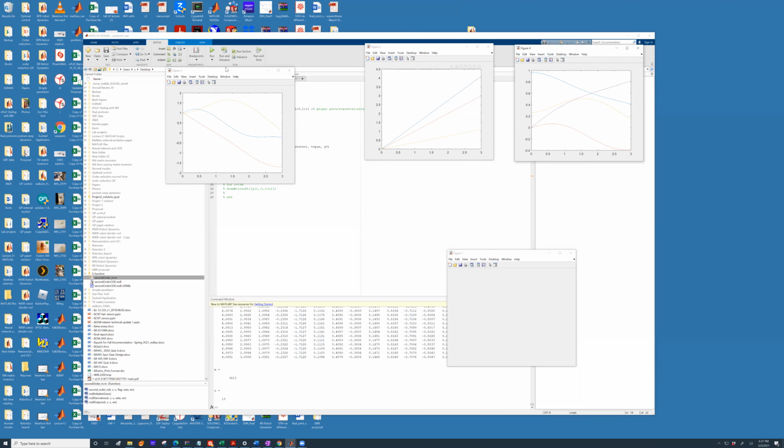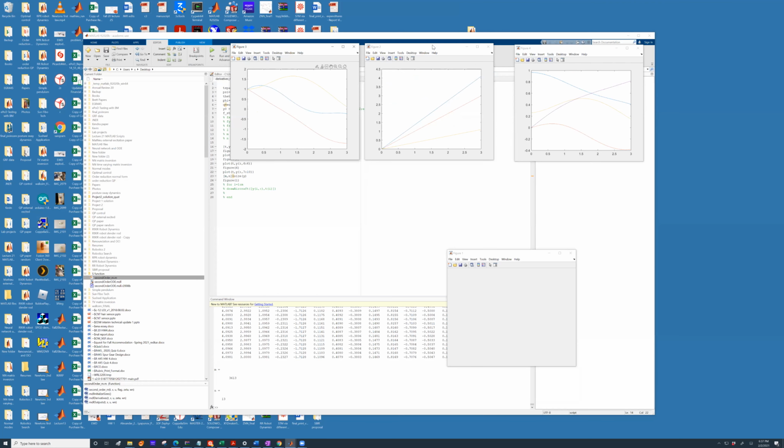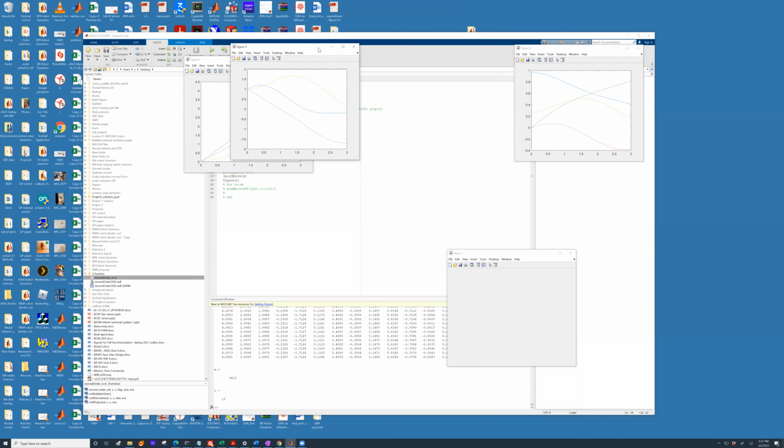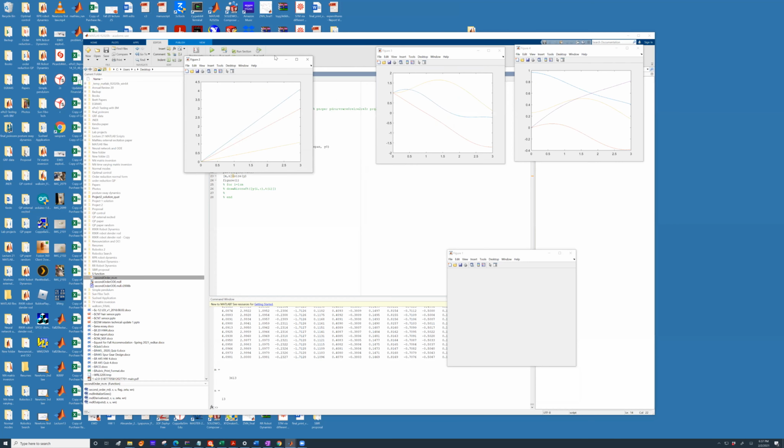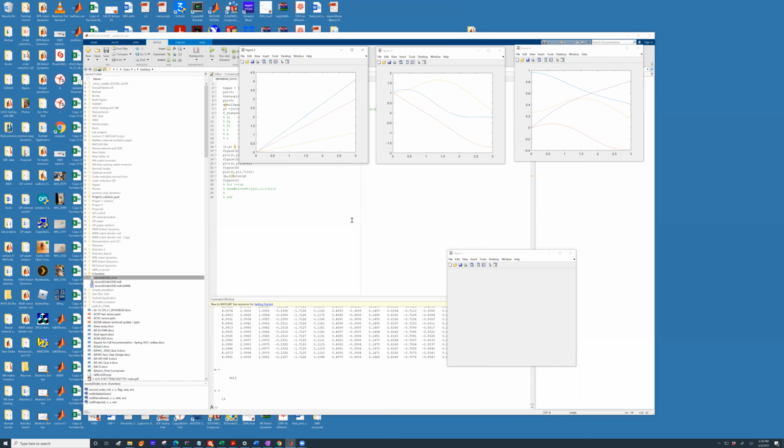I just want to make sure that you are able to get these three plots: figure 2, figure 3, and figure 4, and there will be an empty figure 1. Everybody got that?